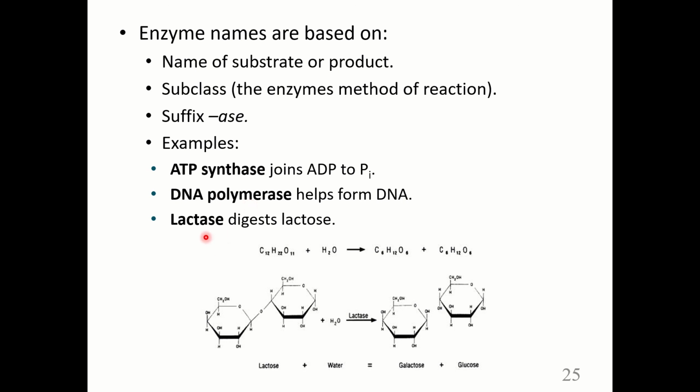Lactase digests lactose. It is named for the substrate that it works on. It's working on the lactose sugar, and it will digest it into galactose and glucose through hydrolysis.